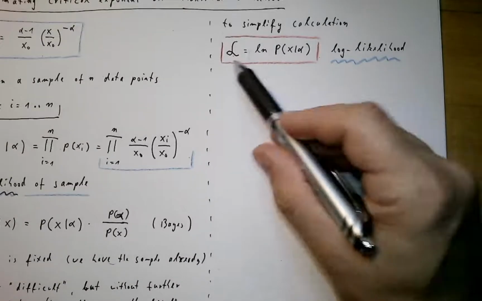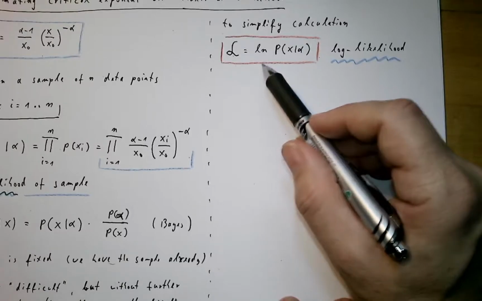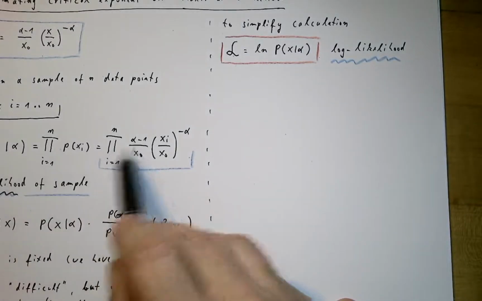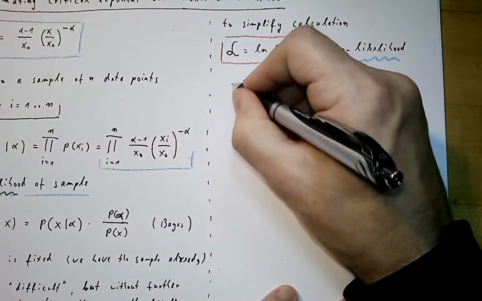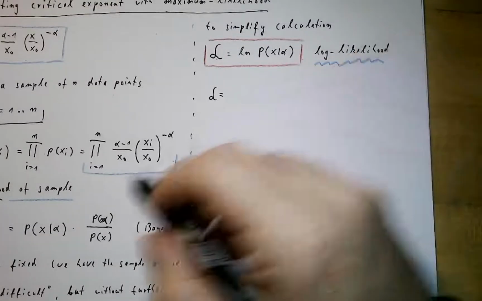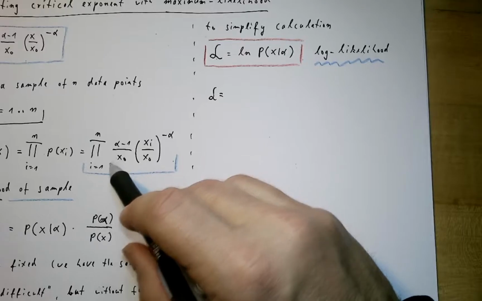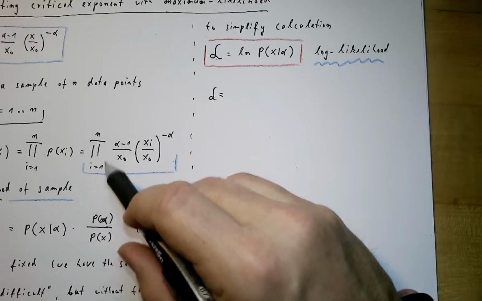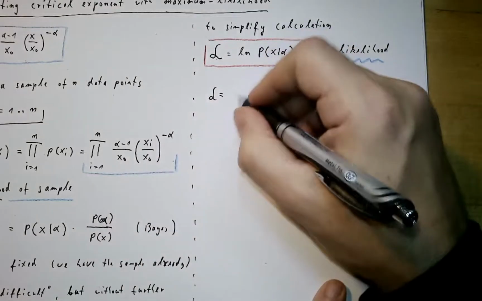Okay, so now let's calculate this log likelihood. So we have to take the logarithm of this formula here, and now we have a product, and the logarithm of the product is the sum of the logarithms. So that's the trick, so that instead of the product we have a sum, which we can handle better.